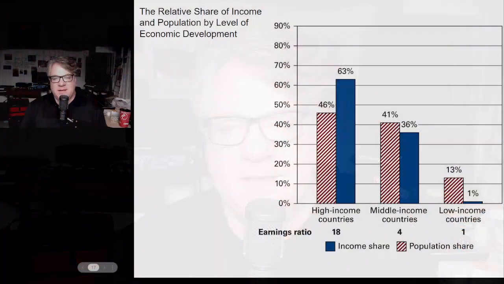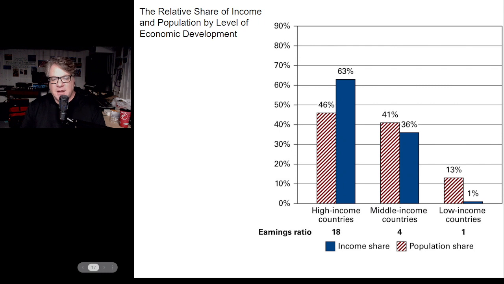Okay. Let's get to the more recent version of this slide, and here we go, right here. Let me bring it up for you. This is high income countries, middle income countries, low income countries, and look at population share versus income share.